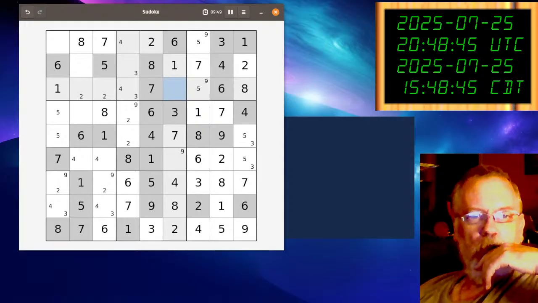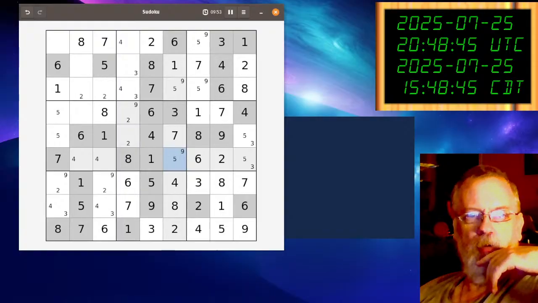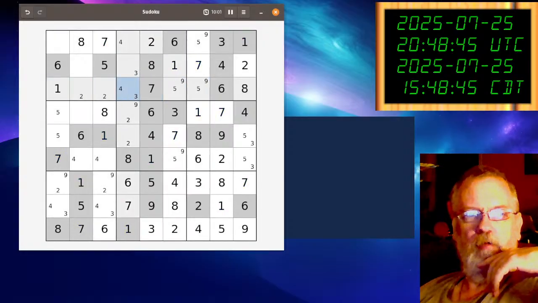So we got a 5-9 pair here, which means none of these can be a 5 or a 9. So the other possibility for 5 in this square, that one there. Don't have quite that much control over 9s.